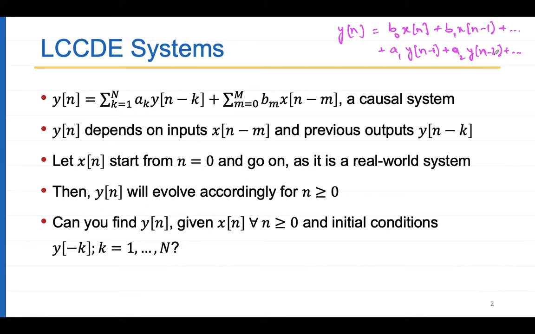So they have to be given as initial conditions. My LCCDE system can be solved if I know x[n] for all n greater than or equal to 0 and the initial conditions, that is, the initial state of the system where it's starting from.